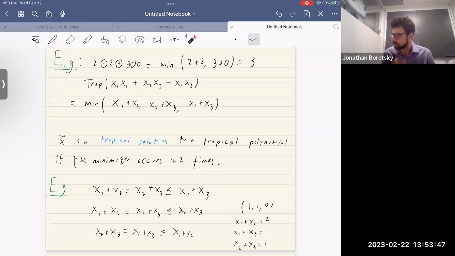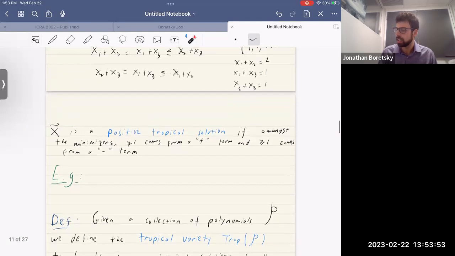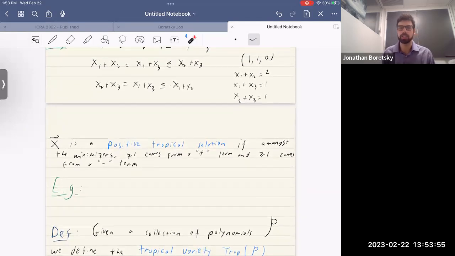All right, so tropical solutions, that's good, but we want non-negative stuff. So let's talk about a positive tropical solution. And that's going to be a further restriction on the notion of tropical solution. We're going to insist that amongst the minimizers, so we have at least 2 minimizers because we have a tropical solution, one of those comes from a term which had a plus sign originally, and one comes from a term which had a minus sign originally.